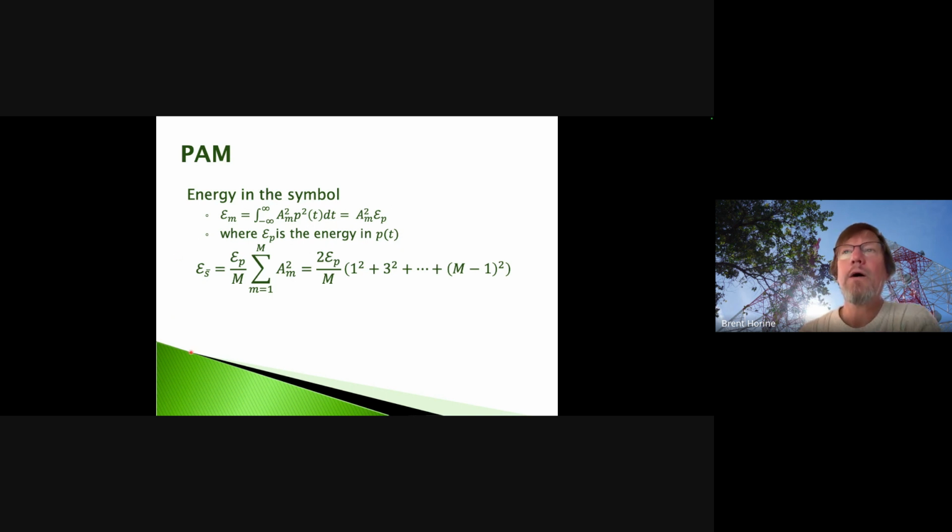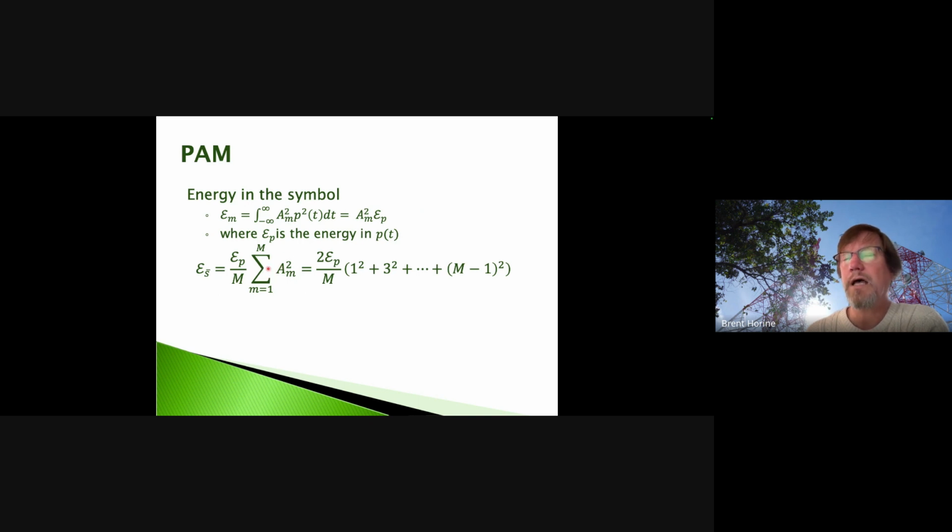So now we can look at, again, the average energy of a symbol, right? Now we can look at all these and sum them up. Here we're making the assumption that they're all equally probable, right? Because there's no rho, or p, out here.